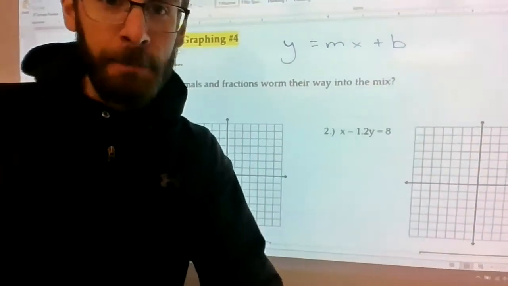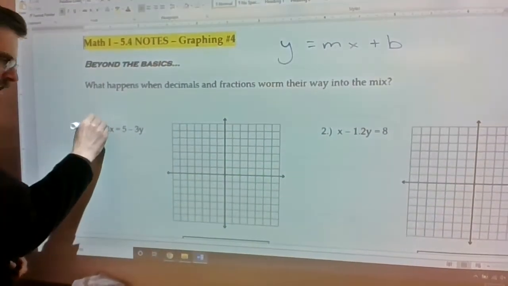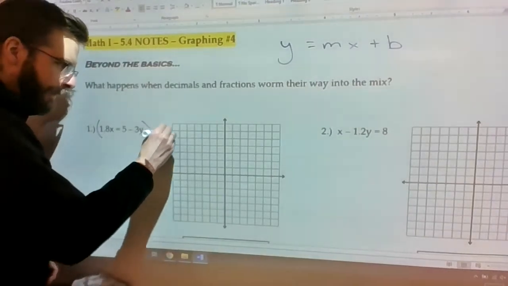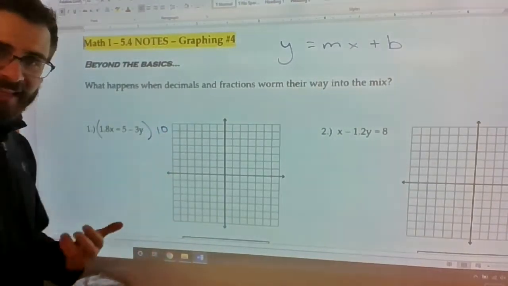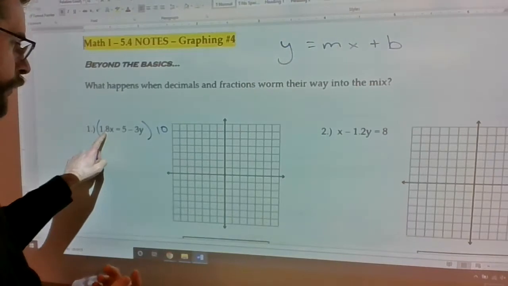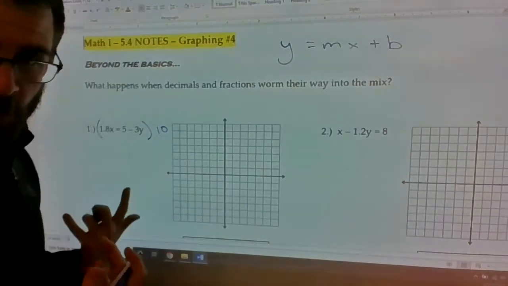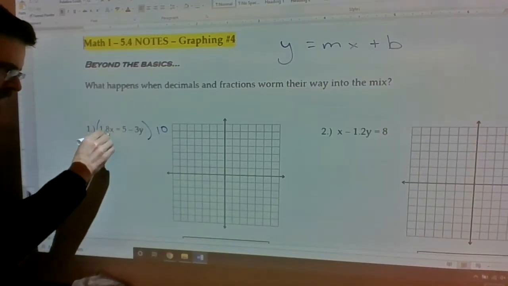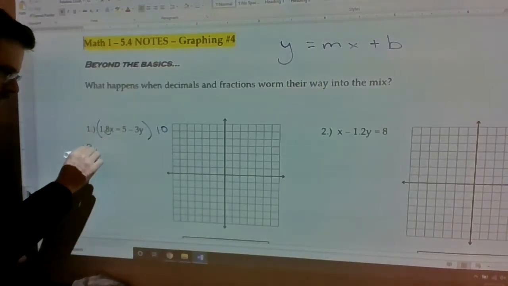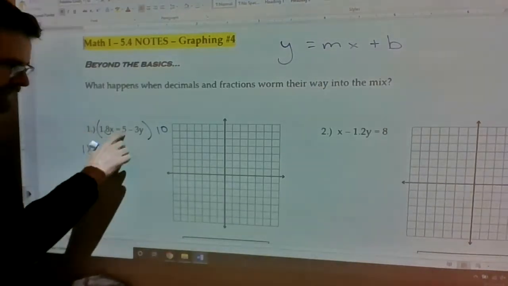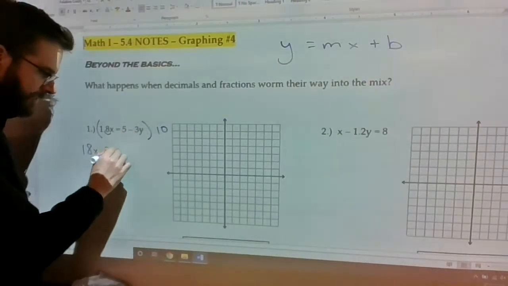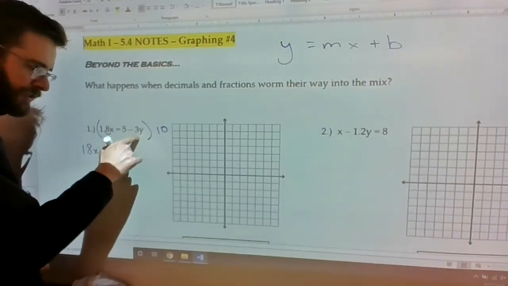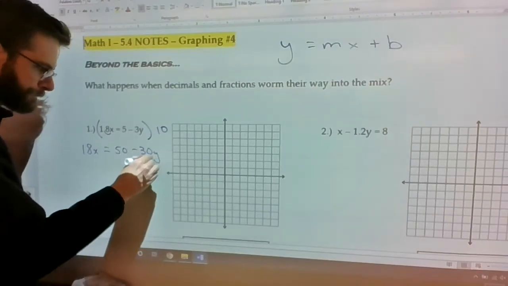You multiply both sides of the equation by 10, at least 10 in this case because it's just one spot after the decimal that we're concerned with, and that creates not 1.8x, but 18x equals not 5, but 50, and not minus 3y, but minus 30y.